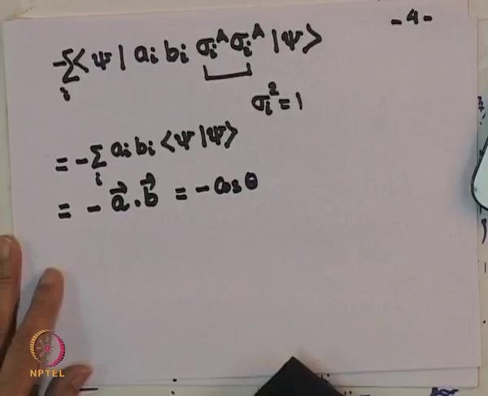because Bob is making a measurement along an axis which is making an angle theta with that of Alice's axis.